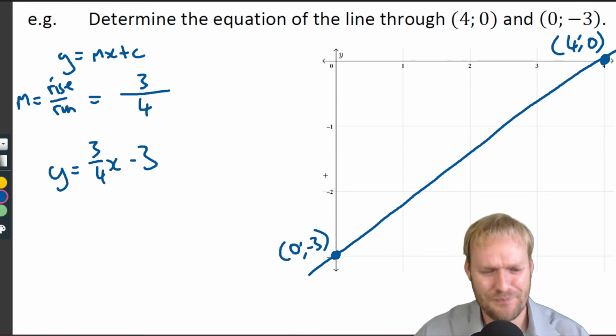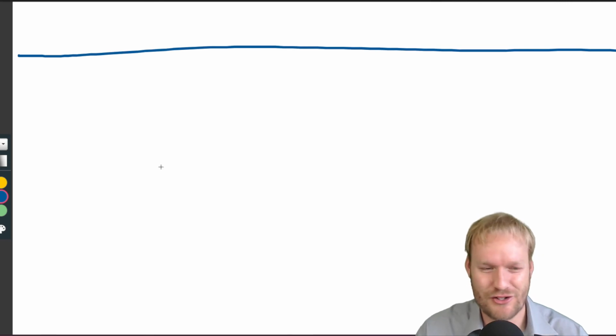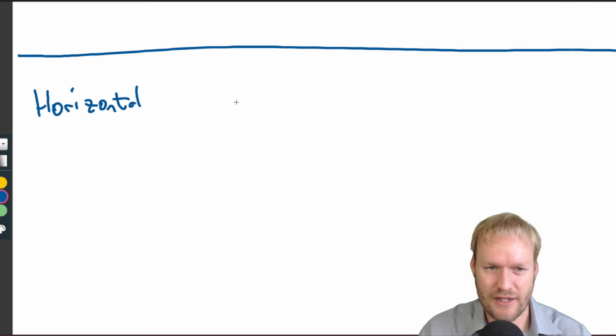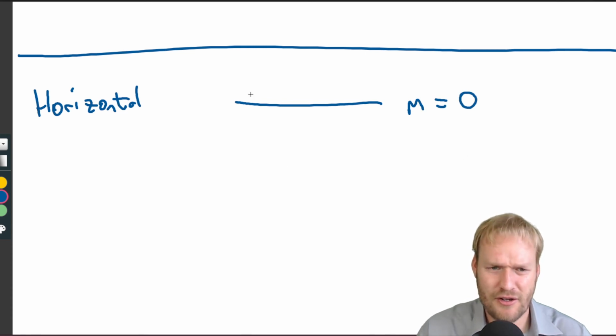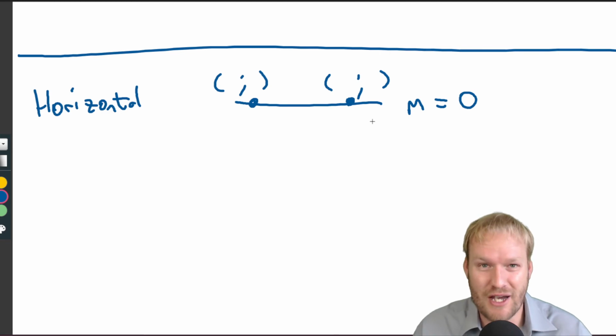There it is. One other thing just to remind ourselves as part of our introduction is, if we've got a horizontal line, then that line's going to go like this. We already said in our previous video that the gradient must be 0. So if we have certain points on this straight line, the y value is never going to change because it's never going up or down.